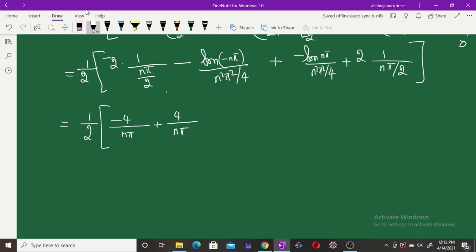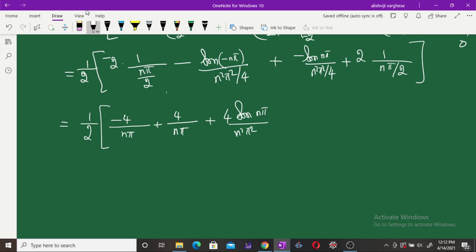Then these two terms, this particular term is 4 times sine n pi minus n pi. Sine minus theta is minus sine theta, so it is plus divided by n square pi square.